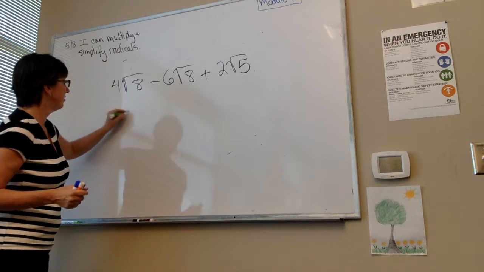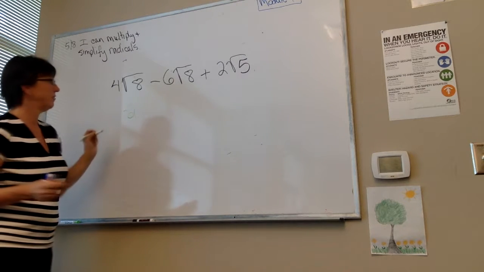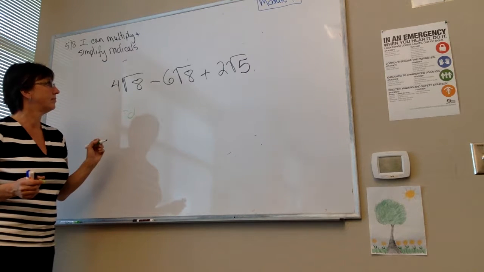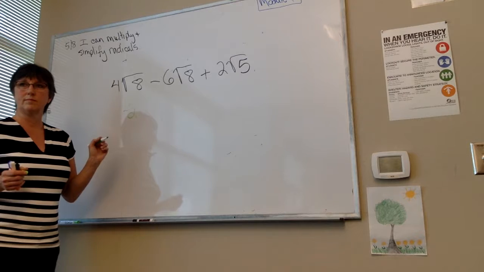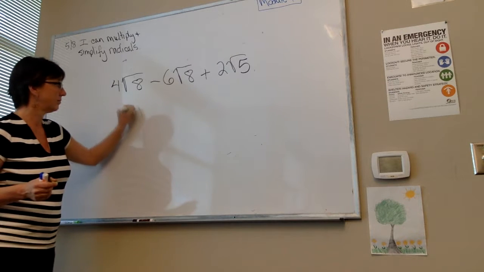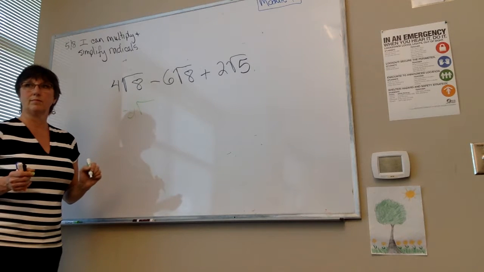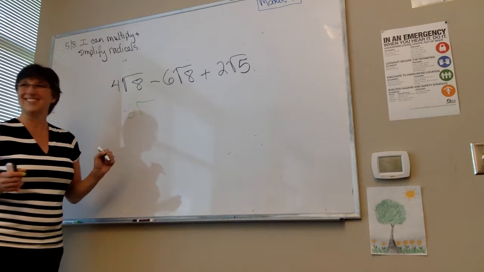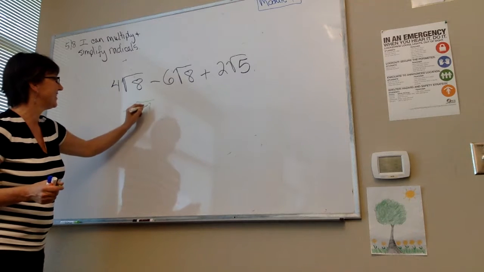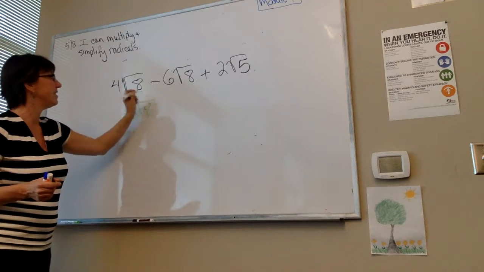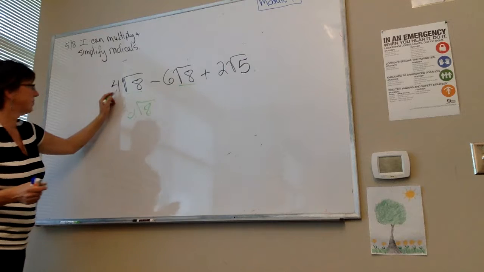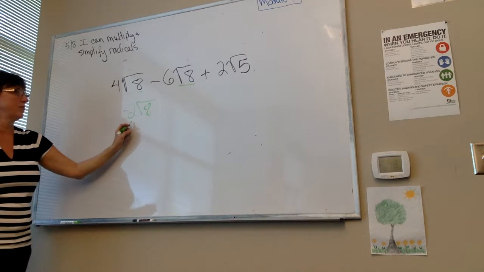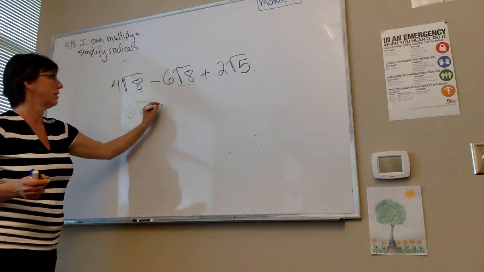Nice. -2 what? 8, yes. This stays the same. So 4 minus 6, that is where the -2 comes from. Radical 8.